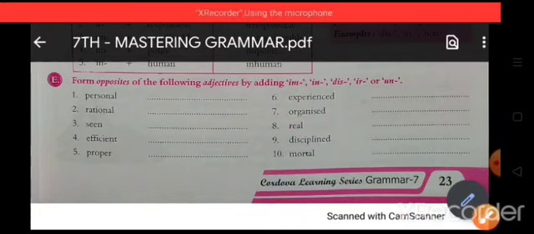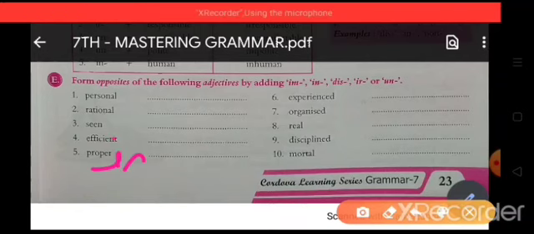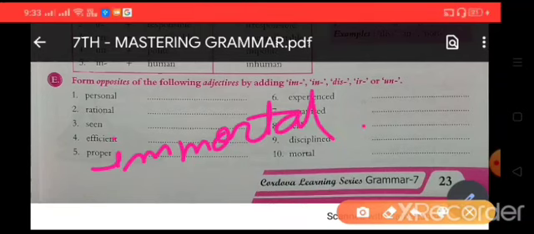Moral, immoral. So this way we can use prefixes and make opposites.